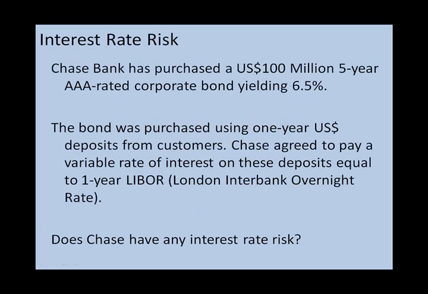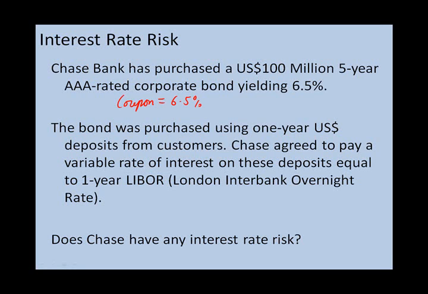Chase Bank has purchased a $100 million 5-year AAA rated corporate bond yielding 6.5%. They paid $100 million for this bond, so the coupon is equal to the yield, which is 6.5%.